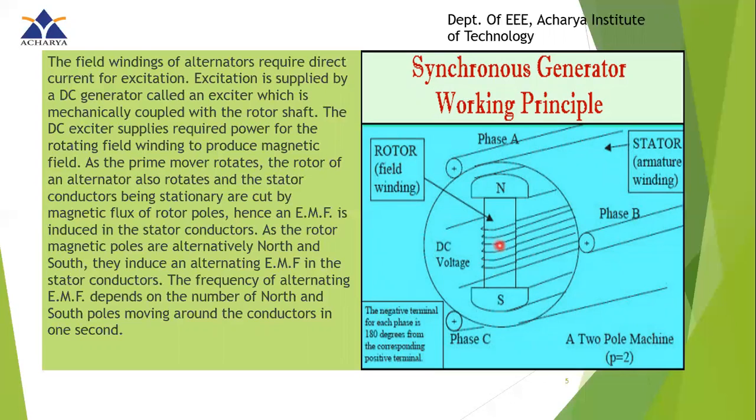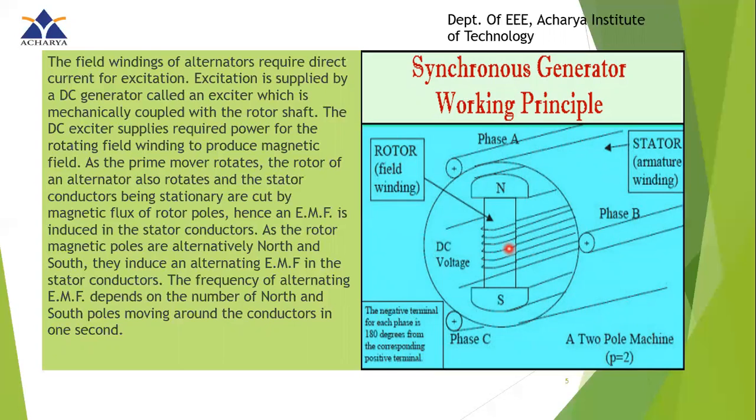This excitation is supplied by the exciter, a DC generator, and this rotor is mechanically coupled to the shaft. The DC exciter supplies the required power for the rotating field winding to produce the magnetic field.